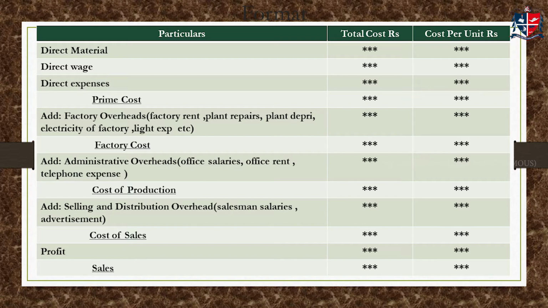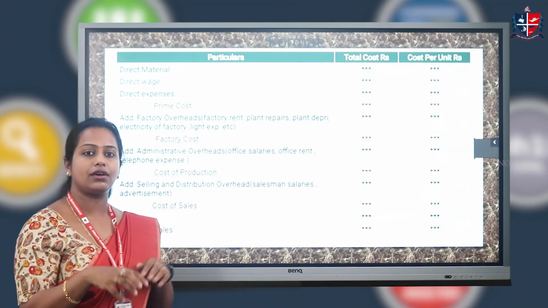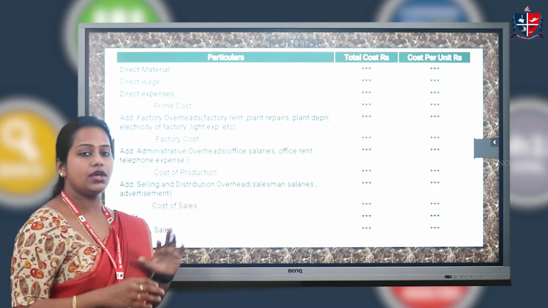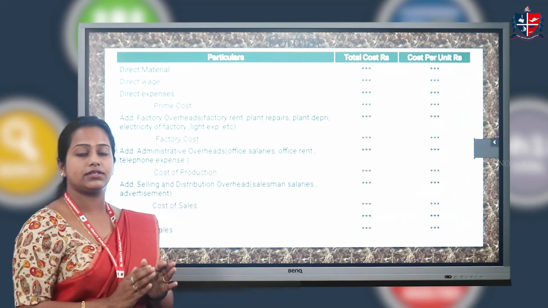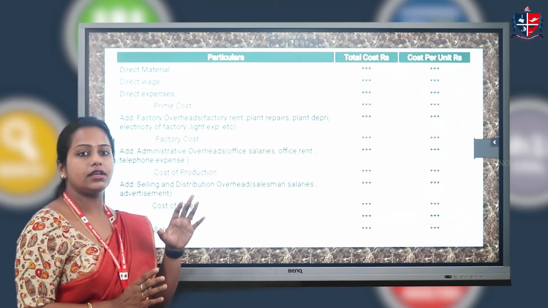All which is related to the factory is considered here. So when in a problem, different headings or different items are given, you need to check which items come under the heading factory overheads. All the expenses or items related to the factory are considered here.